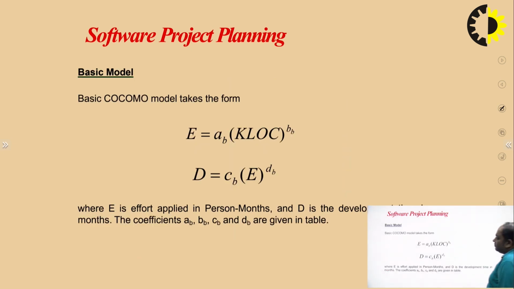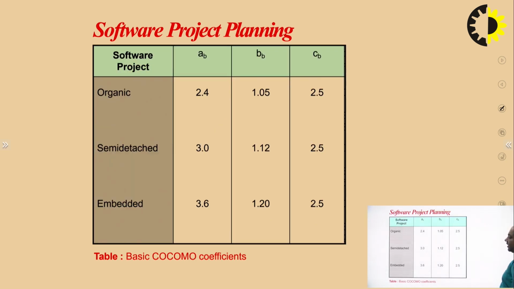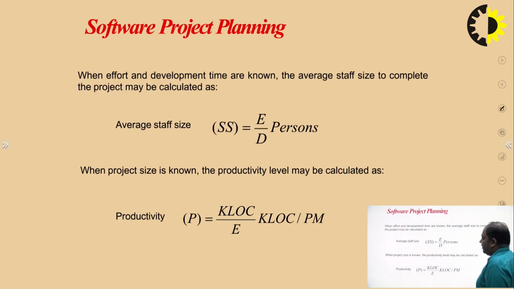The use of this formula and the values of these coefficients is for finding the requirements of any project. For example, if a project uses 100 lines of code and the company has only 10 staff, then how much development time will it take, how much effort does it require, and what will be the productivity level for that project?